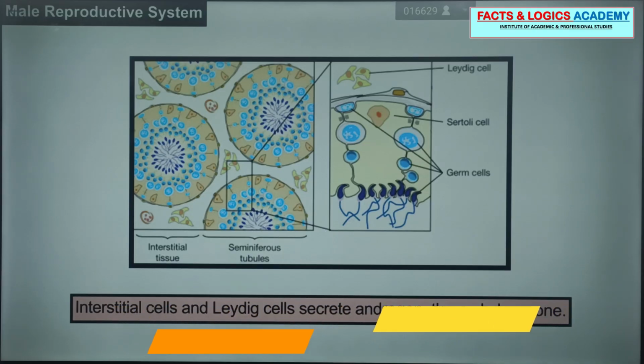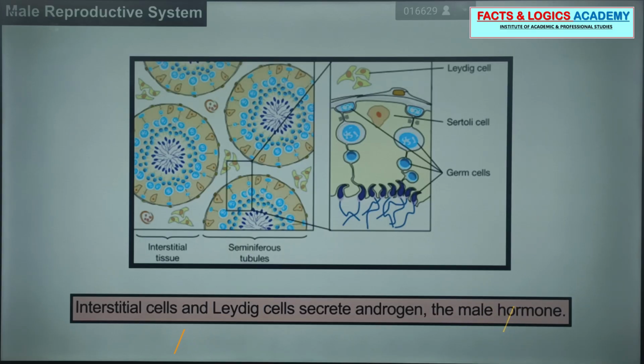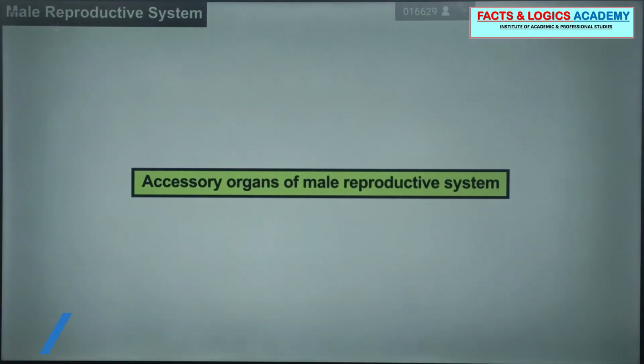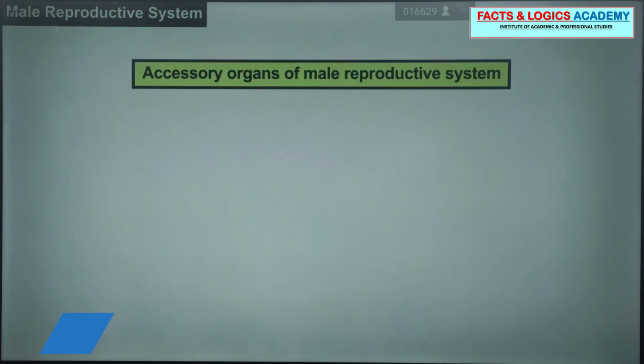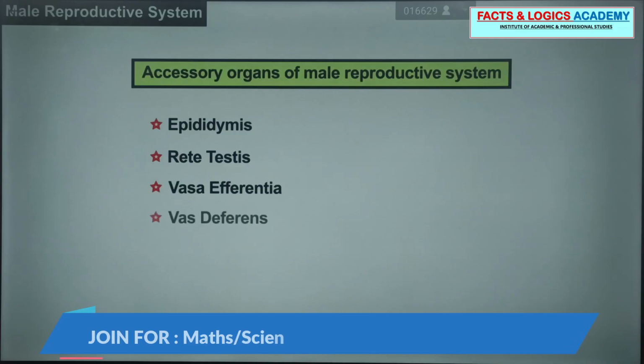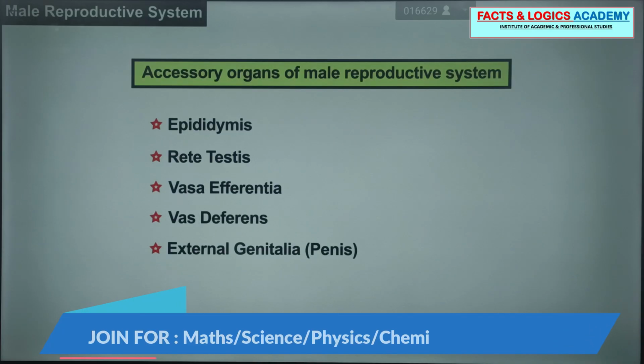Not only the primary male organs, but the male reproductive system also has some accessory organs for proper functioning. The accessory organs of the male reproductive system are epididymis, rete testes, vasa efferentia, vas deferens, and the external genitalia, penis. Now let us discuss the accessory organs of the male reproductive system one by one.